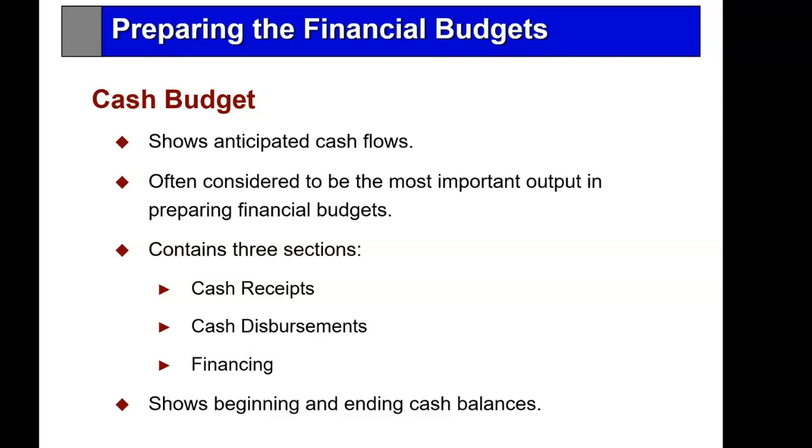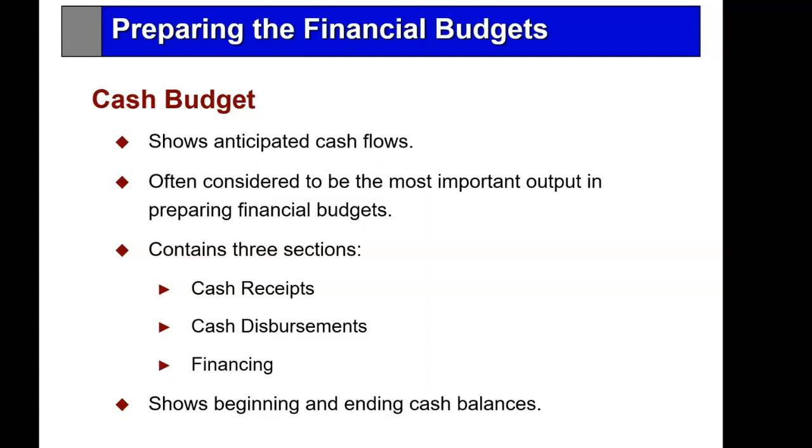So I have to do this in sequence. I can't go across in determining it. But the cash budget shows the anticipated cash coming in and cash going out. And is considered by many, myself included, to be the most important budget.